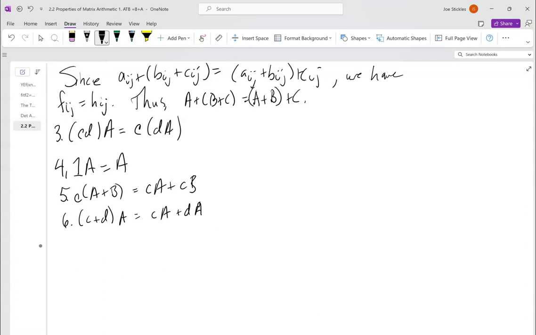They look similar, but they really are saying two different things, because here you're adding two matrices together, and here you're adding two real numbers together. That's why it needs to be two separate properties. It looks the same, right? It looks like the distributive property. That's the reason why it's written two different ways.